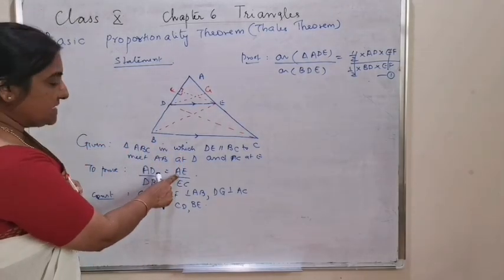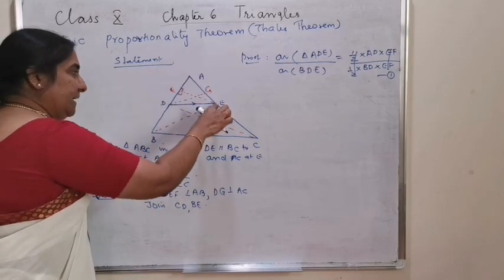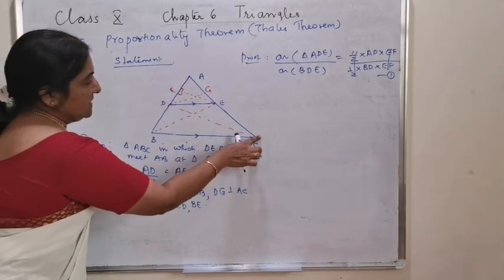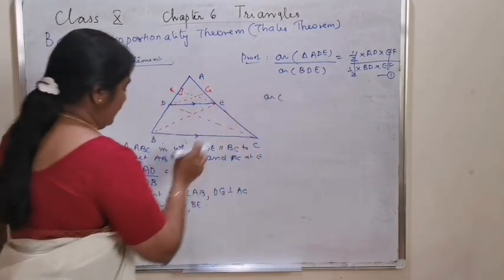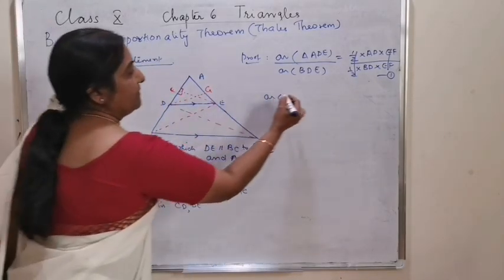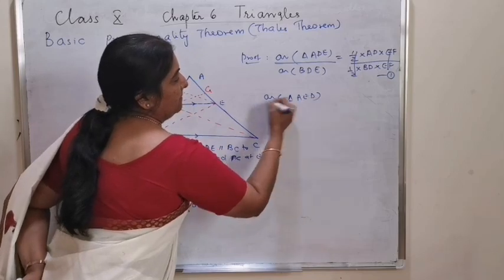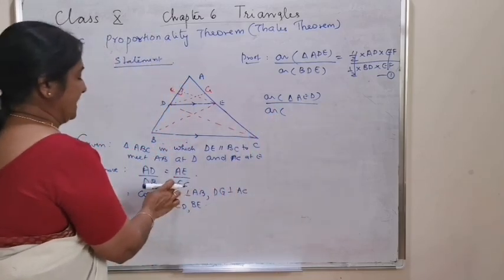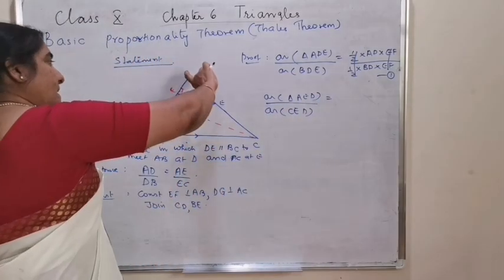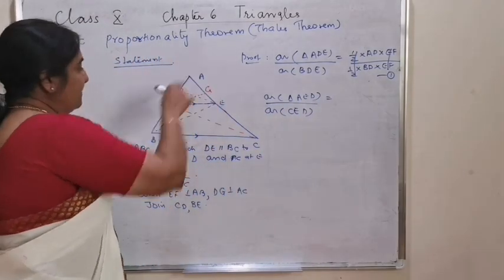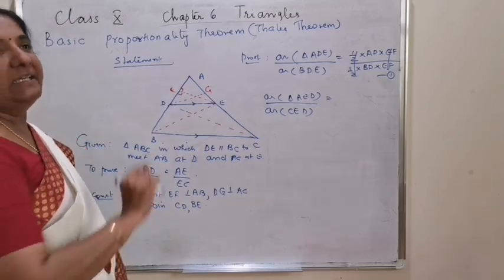Similarly, from this side, AED and CED. Area of triangle AED by area of triangle CED is the same as half into base AE, altitude DG.